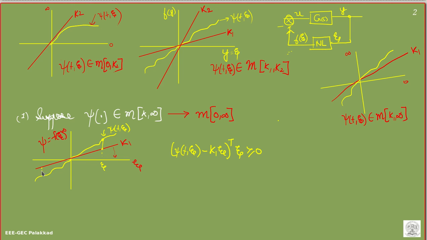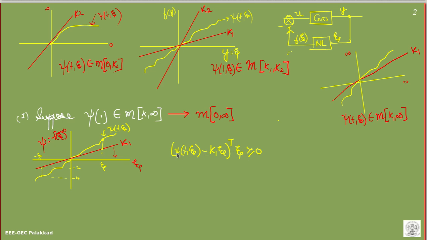Here also if we take the difference and multiply with zeta, zeta is positive here and negative here. For example, here it is minus 4 and here it is minus 2, so minus 4 minus minus 2 is negative, and a negative into a negative is positive. Here I get a positive into a positive, which is positive. So this term is always positive.